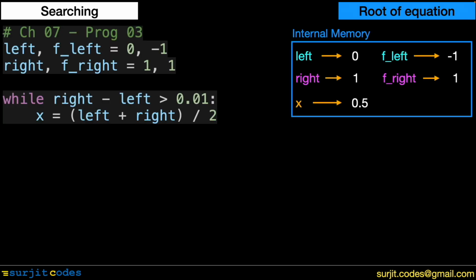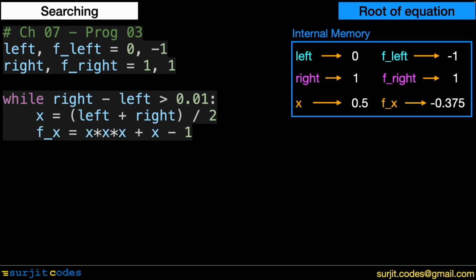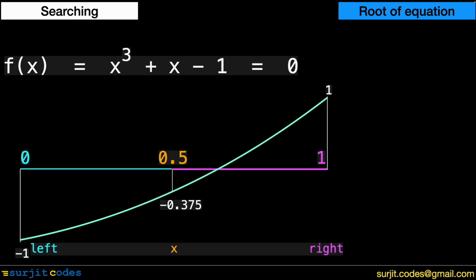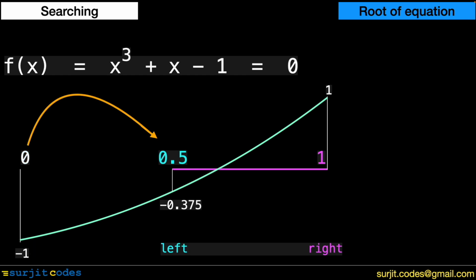We use the mid value of x to calculate function at it and print them. Function is negative at both left fence and x, so the function is not 0 in the left partition. Therefore, root is present in the right partition and we move the left fence from 0 to 0.5.